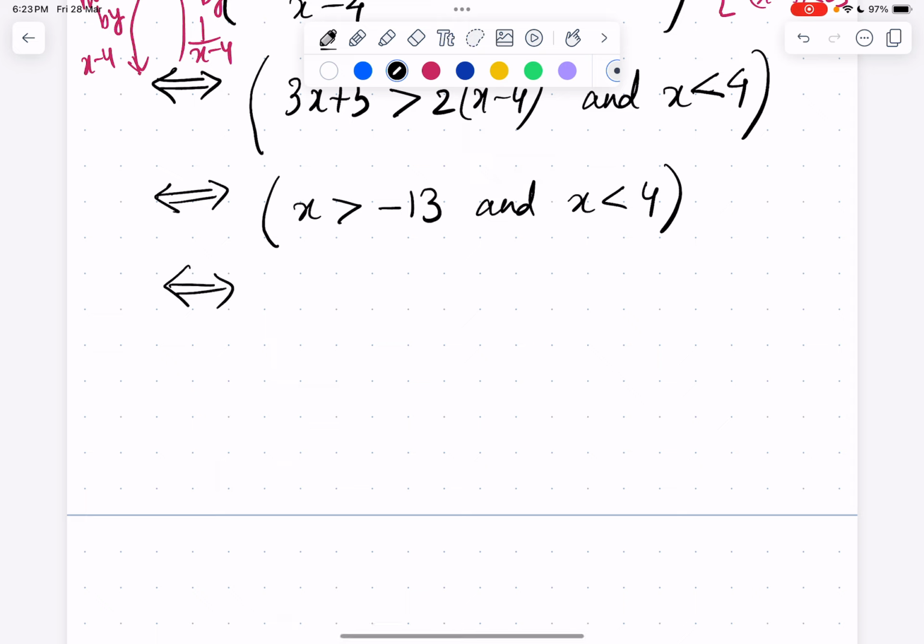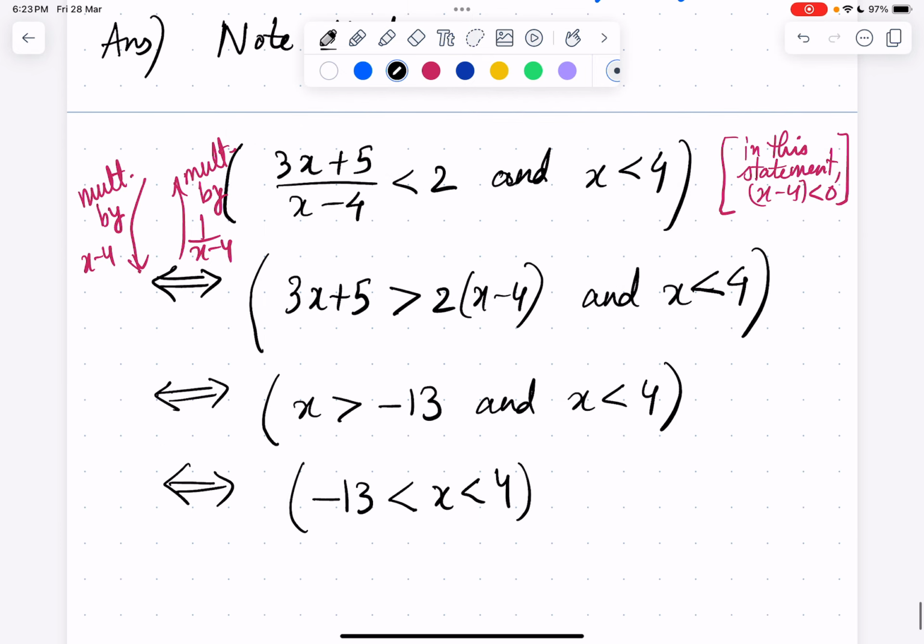So if and only if, minus 13 is less than x, which is less than 4. So we have rewritten one statement. This is not needed, this is understood.